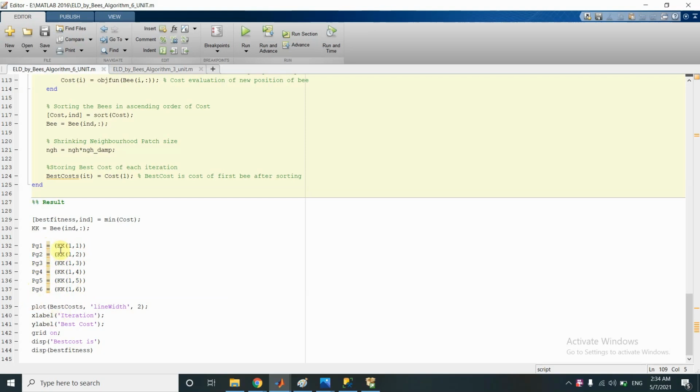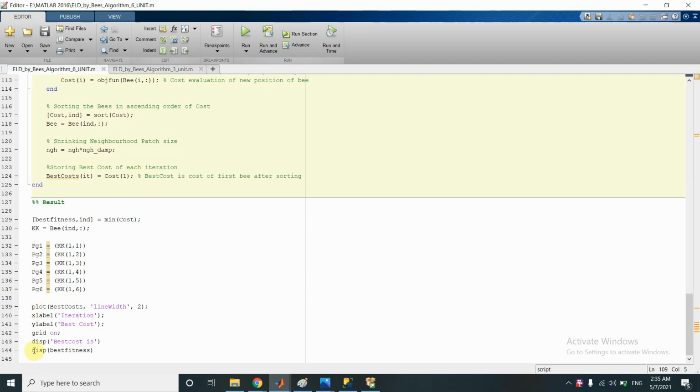And finally, once we have displayed the optimal generation of 6 generating units, we then show the graphical result, or we can say we show the graphical way of convergence of our algorithm by plotting the best cost of each iteration.